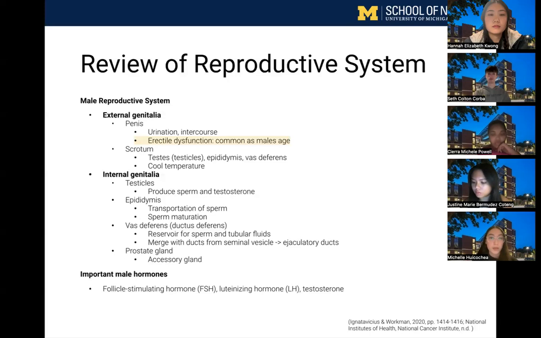They also merge with ducts from the seminal vesicle to form the ejaculatory ducts. The prostate gland is an accessory gland, and it requires sufficient levels of testosterone to function properly. And then important male hormones to know are FSH, LH, and testosterone.